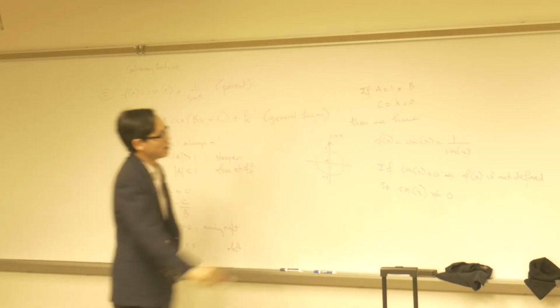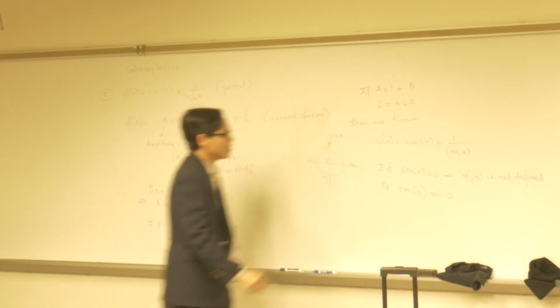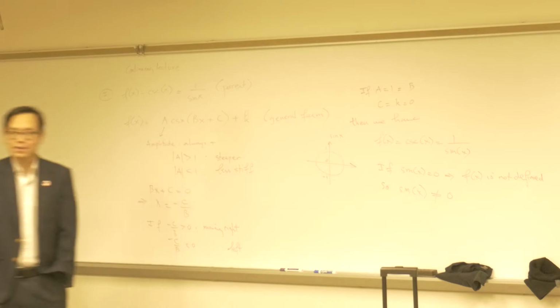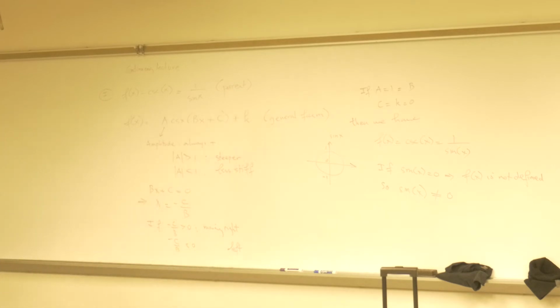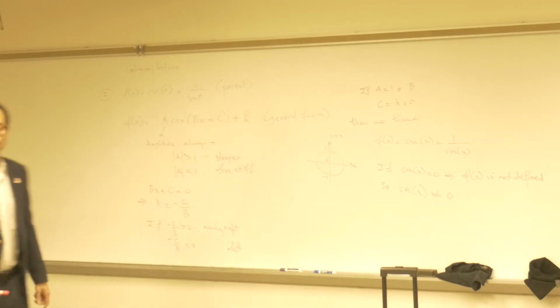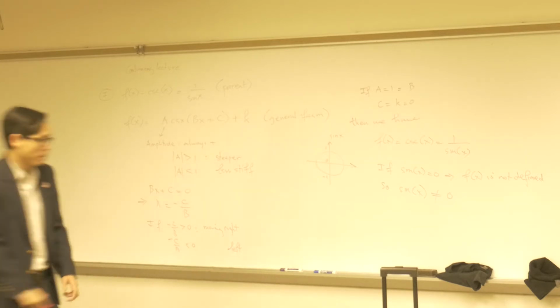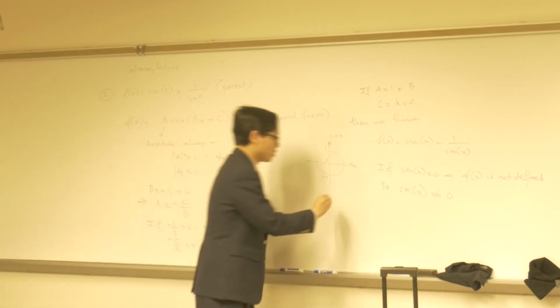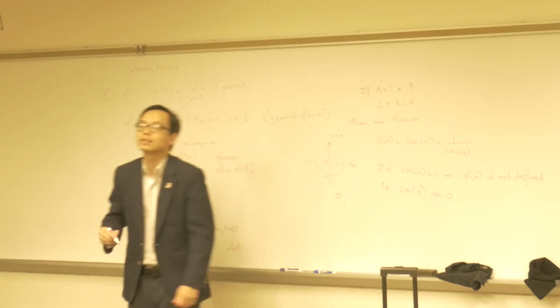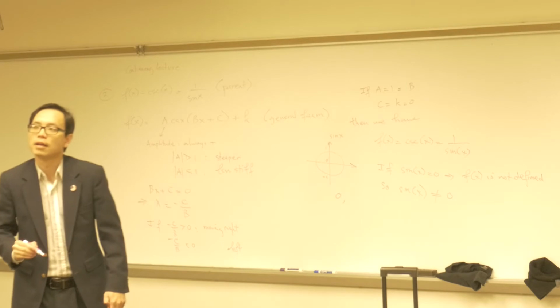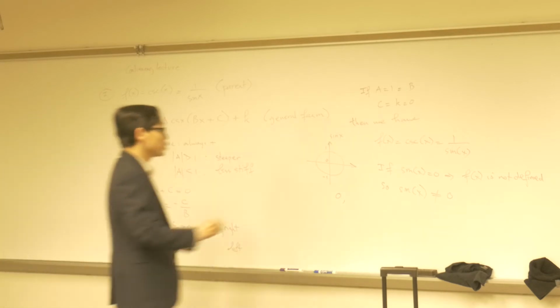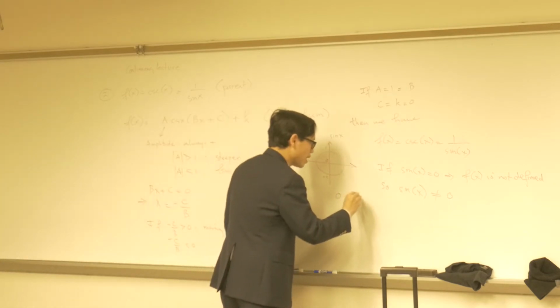What will be the angle so that the sine of that angle is 0? Yes? 0. One of them is 0. Anything else? 360. 360, so it means 2 pi. Very good, 2 pi.